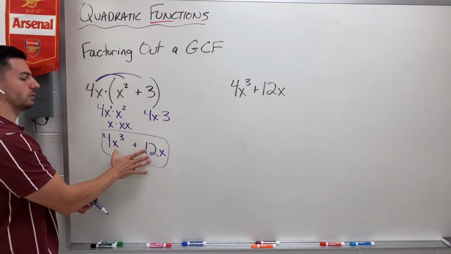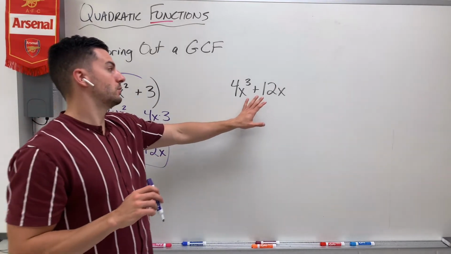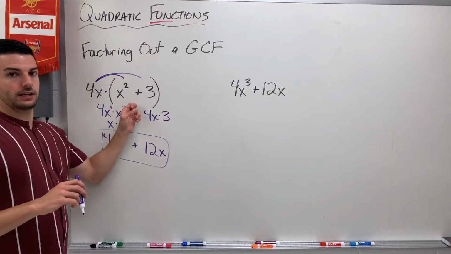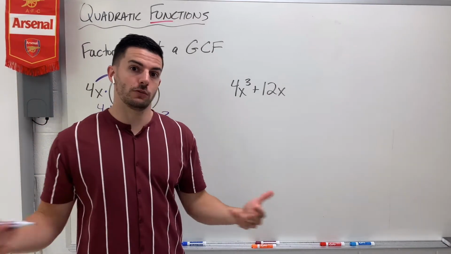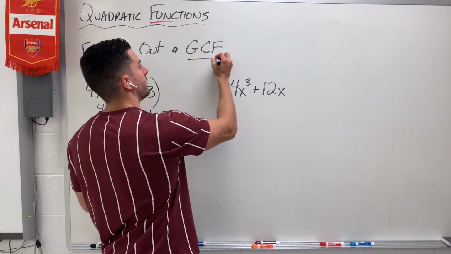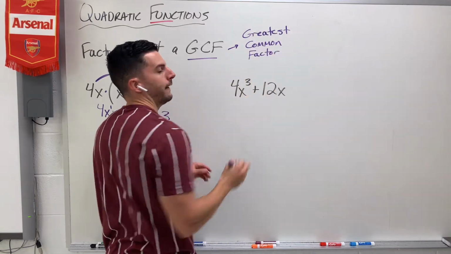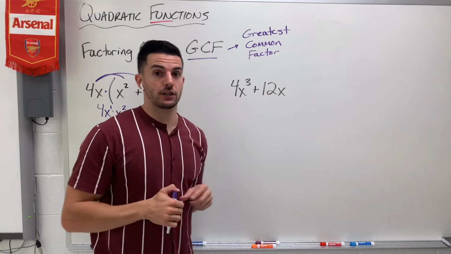Because when we factor out a GCF, we're starting with this, and we're going to end with this, kind of the beginning of a distribution problem. So first off, just a review: what is GCF? GCF is greatest common factor, and a factor just means a number that multiplies to get a product or a higher number.